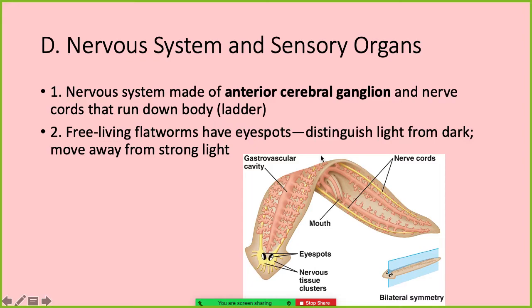Anterior for head, cerebral also means head, and ganglion means a cluster or concentration of nerve cells. And then we have nerve cords on both sides that run down the flatworm to send messages. They also have 2 eye spots, and they just detect light from dark, and they tend to move away from strong light sources.